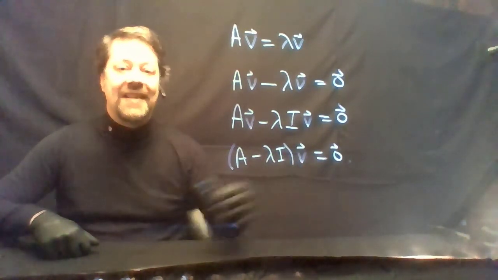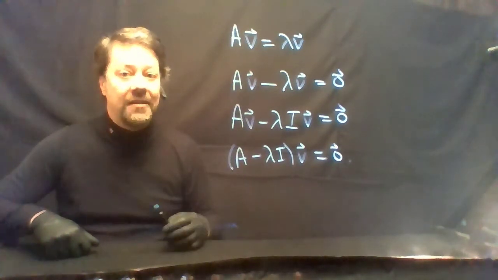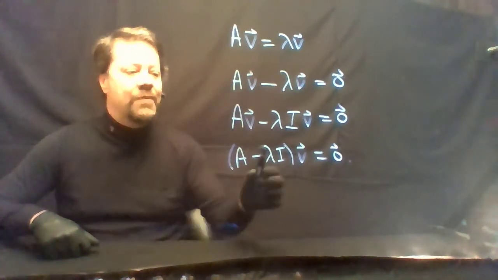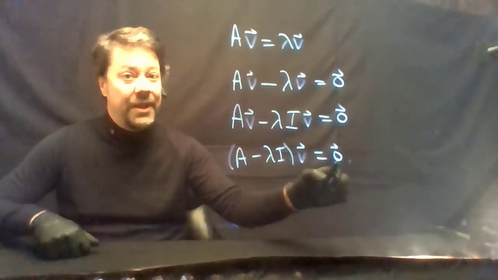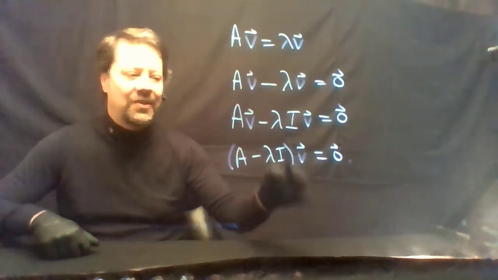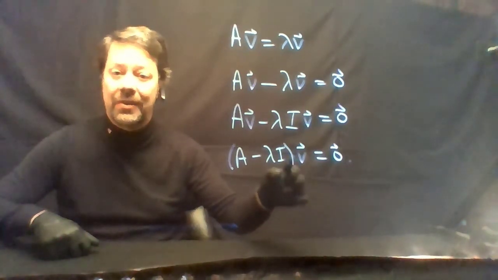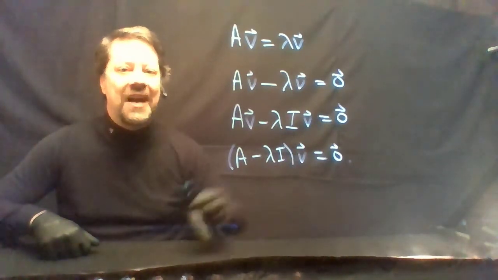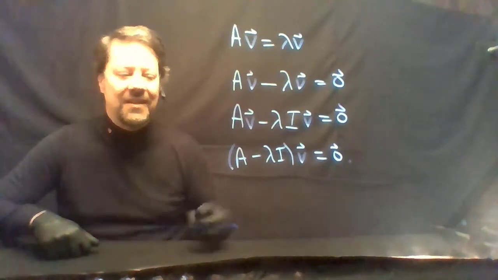Remember, v has to be a vector that's not the zero vector, which means we have a homogeneous linear system that has infinitely many solutions. It has to have a non-trivial solution, and therefore must have infinitely many solutions.